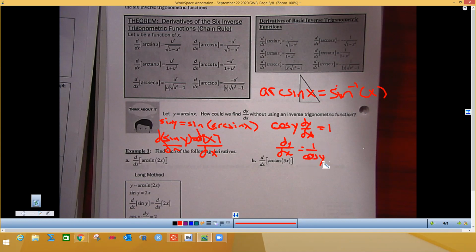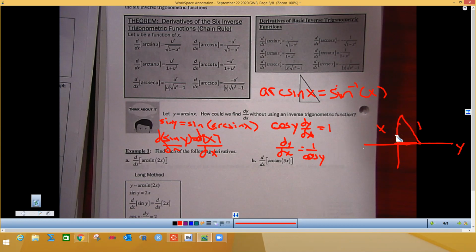So something you need to know here is when I do an inverse problem, the x becomes y and the y becomes x. So what this means is when we have this triangle we're dealing with over here in this quadrant, and maybe I should have just drawn a triangle instead of the whole thing. This distance right here is the 1.